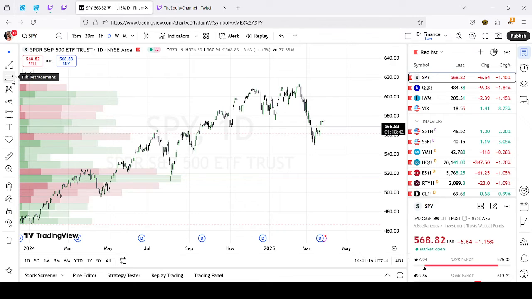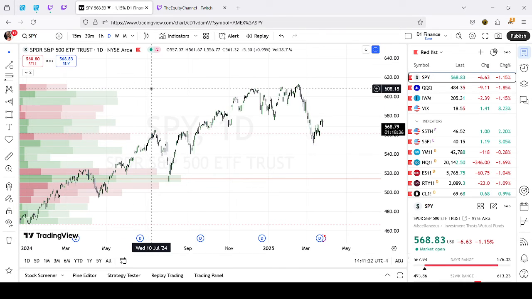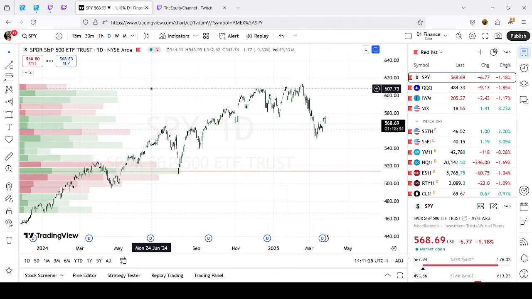I like to use my value area high and low. Now, a lot of people are familiar with Fibonacci retracements, but they're not really familiar with what they're meant to do and what they actually are. Fibonacci retracements are meant to give us key support and resistance between two significant levels on the chart.